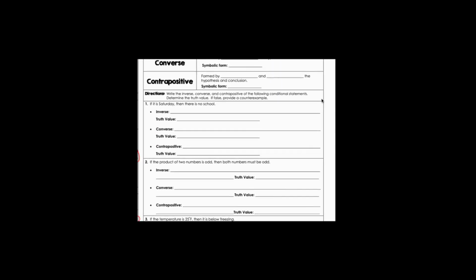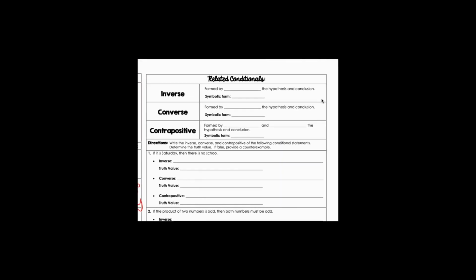So moving on to this side here. A couple more definitions. So there's also going to be an inverse. This is formed by negating the hypothesis and the conclusion. So it's going to look like if not P, then not Q. The converse is formed by switching the hypothesis and conclusion.